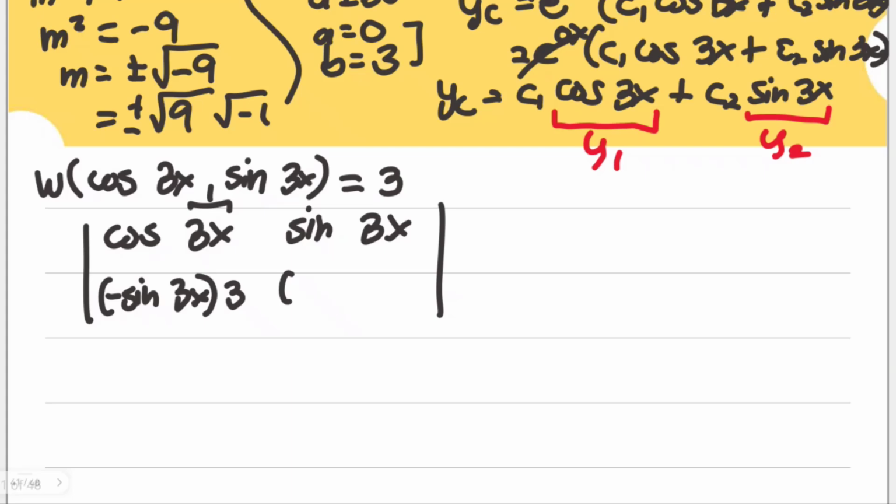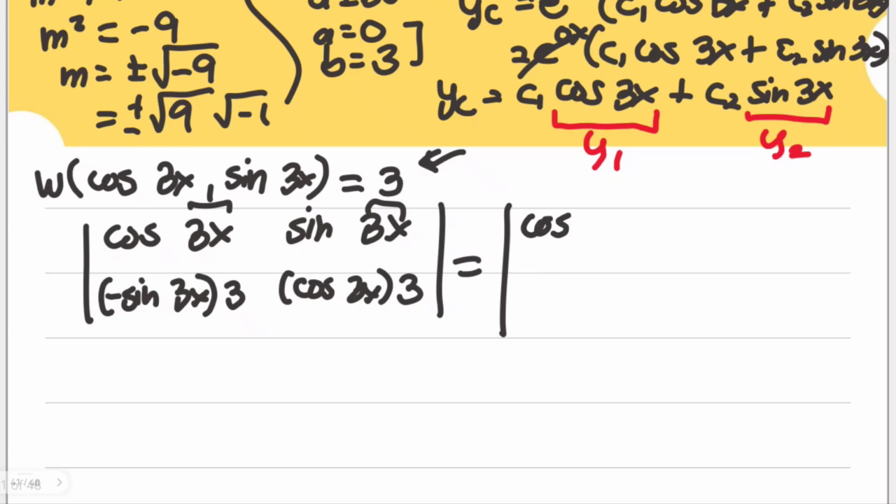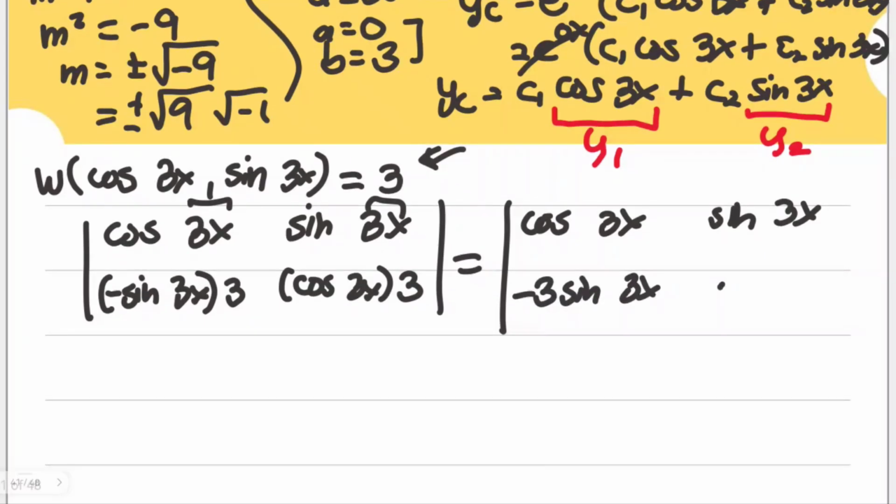The derivative of sine is cosine 3x, again for the angle times 3. So the correct matrix that we used before in solving for the Wronskian, which is 3, is cosine 3x, sine 3x, here negative 3 sine 3x, and positive 3 cosine 3x.